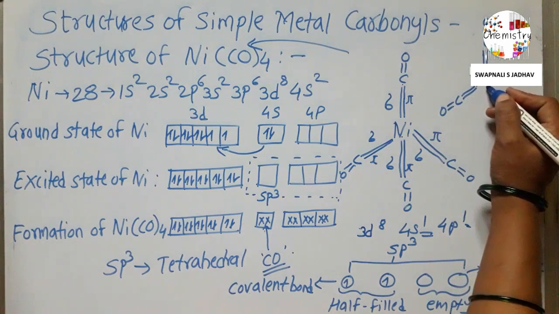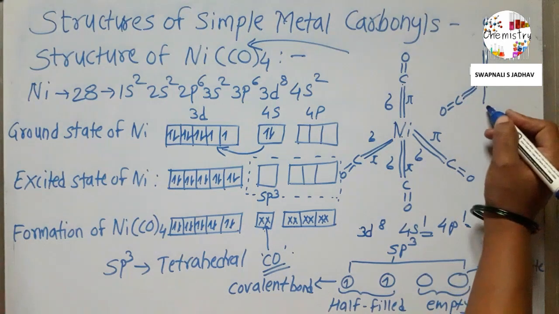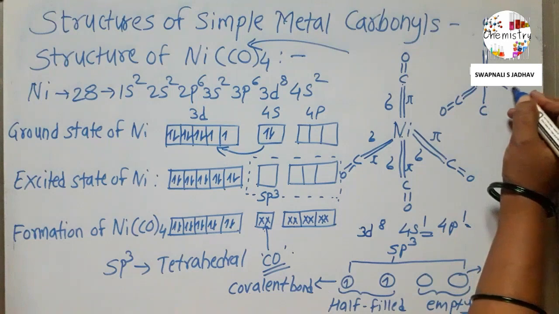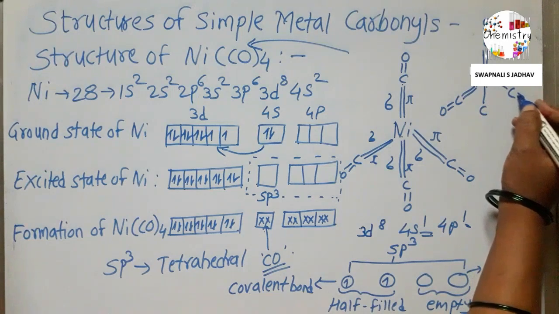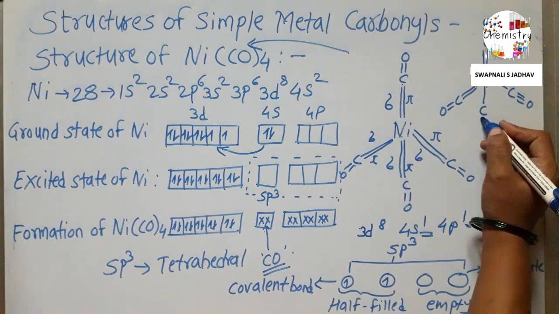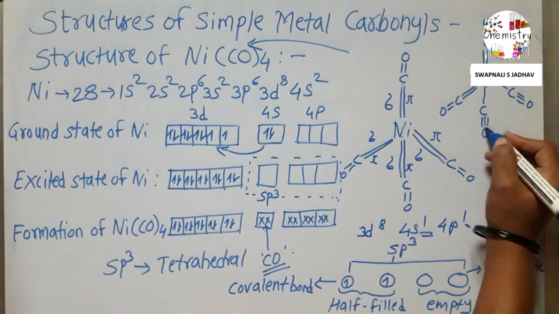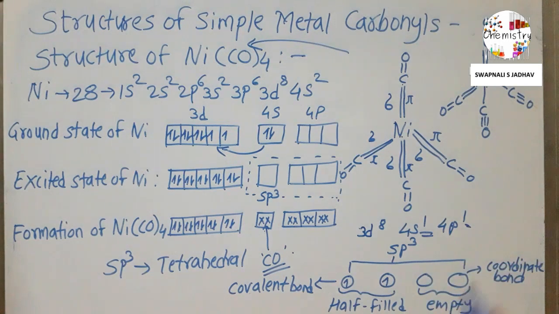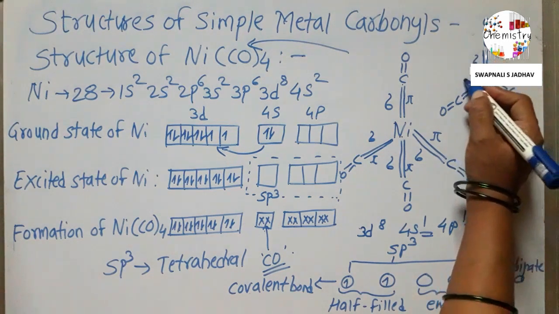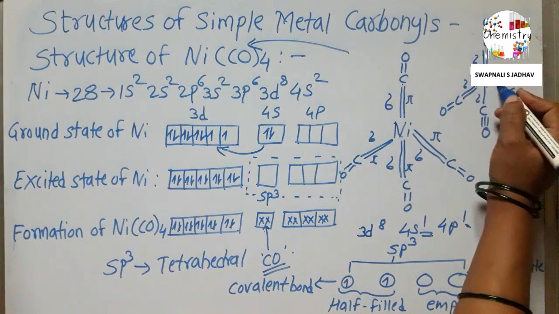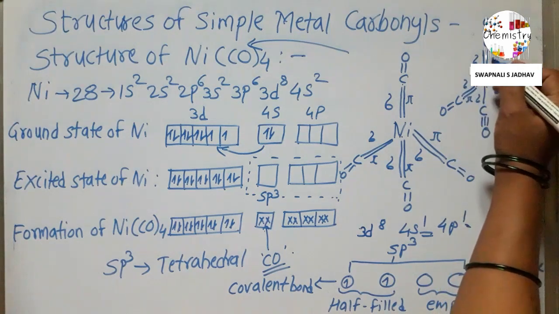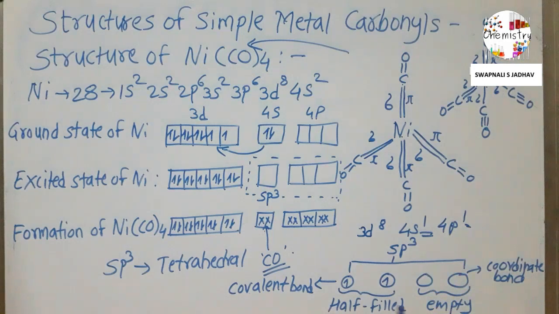These are the coordinate bonds and these are the covalent bonds. This is sigma, sigma, sigma, sigma, and this one pi, pi. So this is the structure.